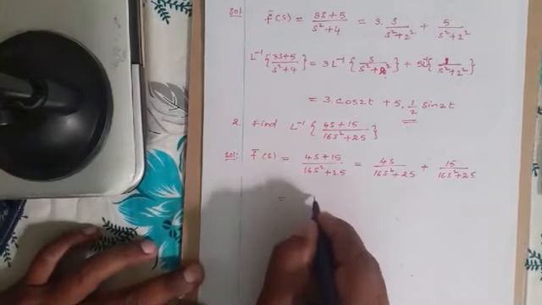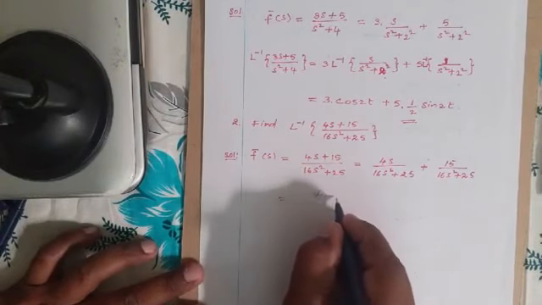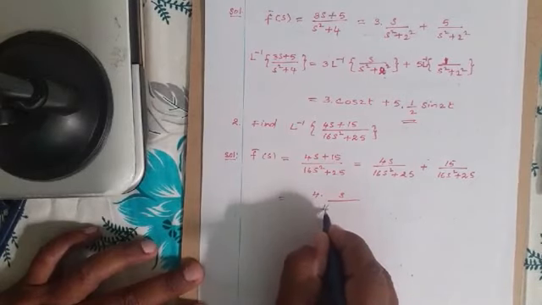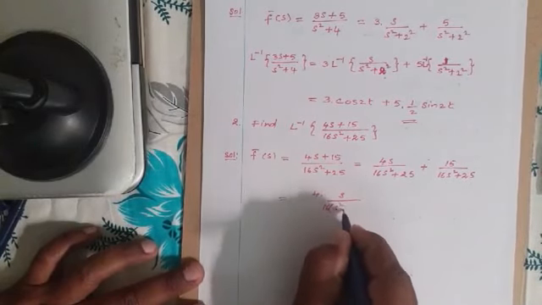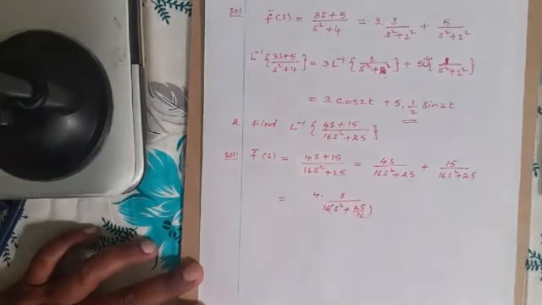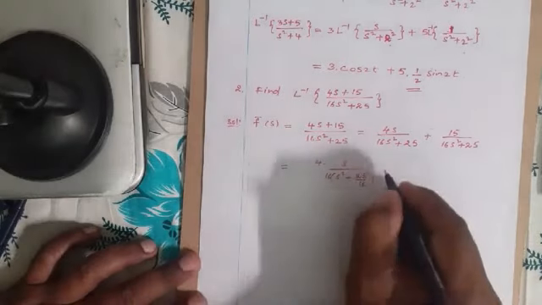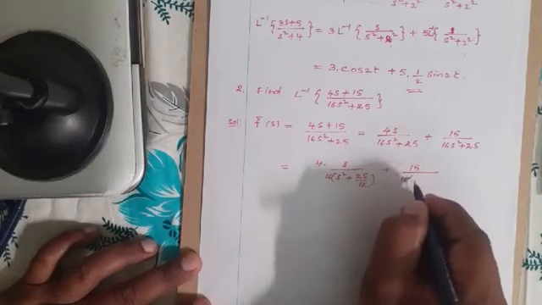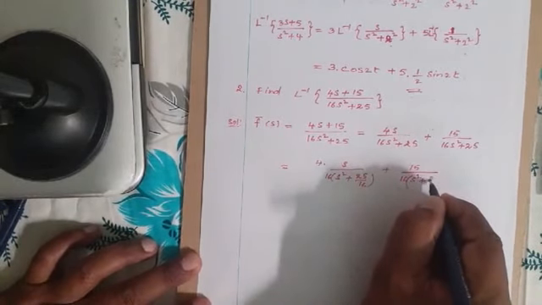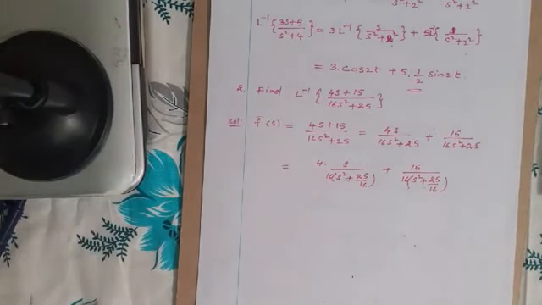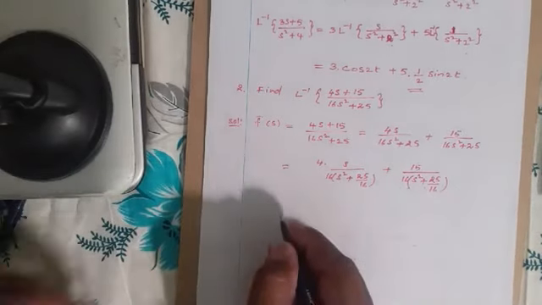Now I am writing 4 into s upon, I can take 16 common here so that it becomes s square plus 25 by 16, plus 15 upon, taking 16 common again, s square plus 25 upon 16, because as you see the formulas, we have to convert in terms of the formulas.